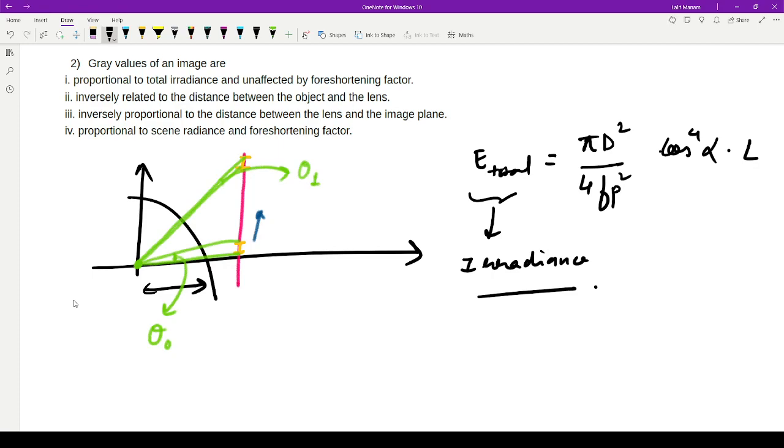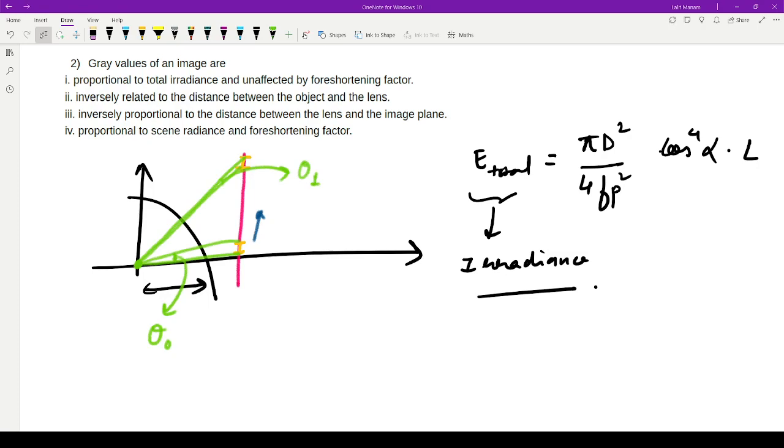Illumination, sorry, lightning part of the surface.